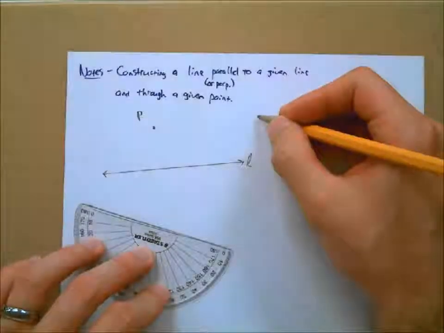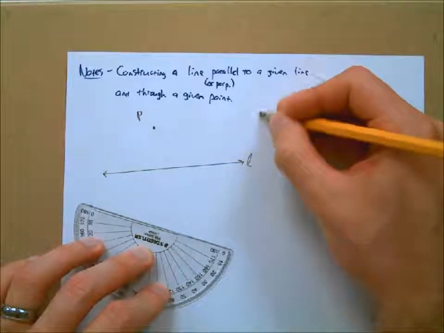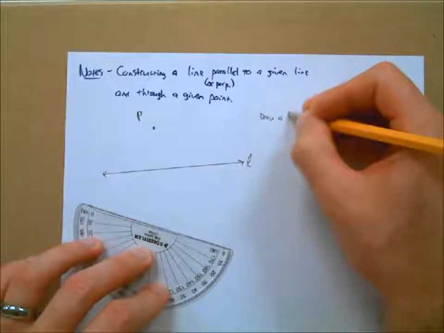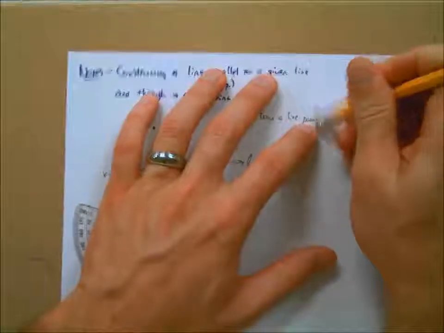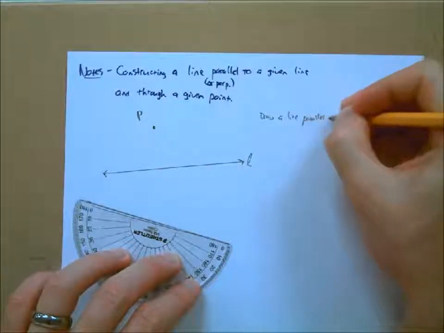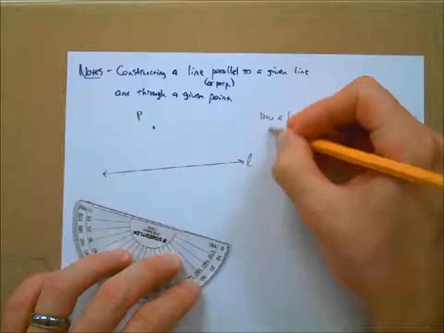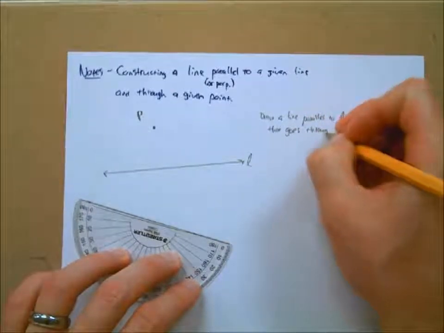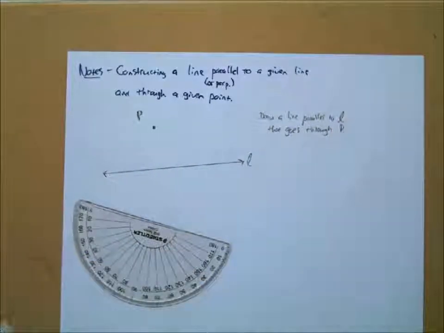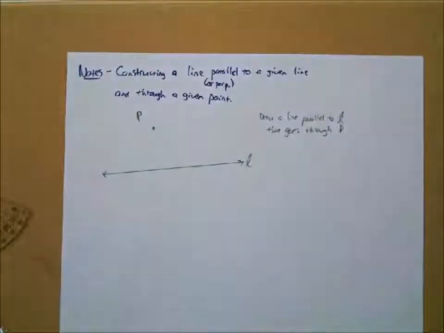And what we want to be able to do now is to draw a line parallel to L that goes through P. Draw a line parallel to line L that goes through point P. We want to do that with our construction tools here.